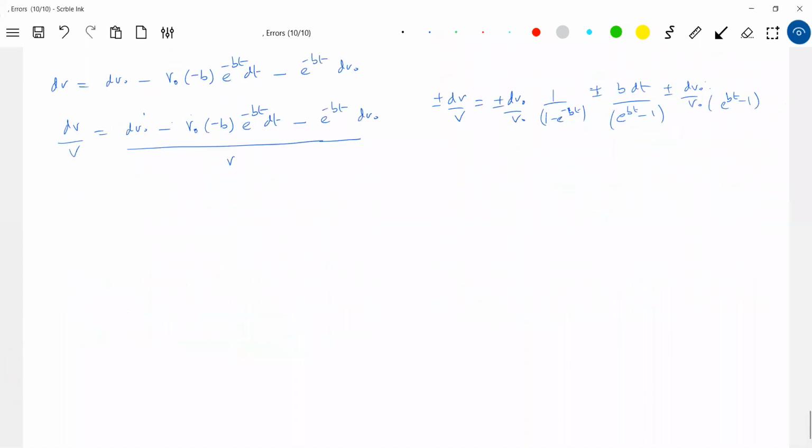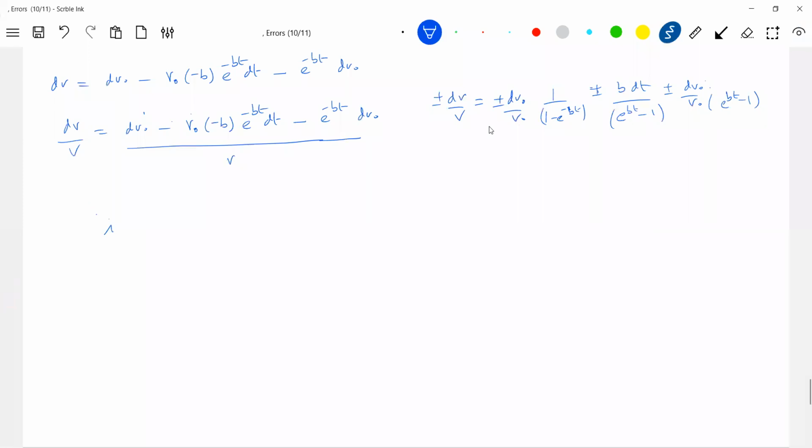So I'll bring one more exponential. What are the variables? V is variable, t is variable. We have to calculate the possible error in I.